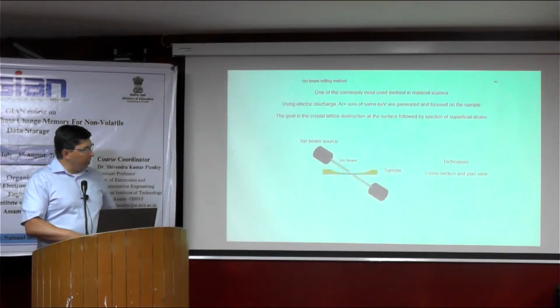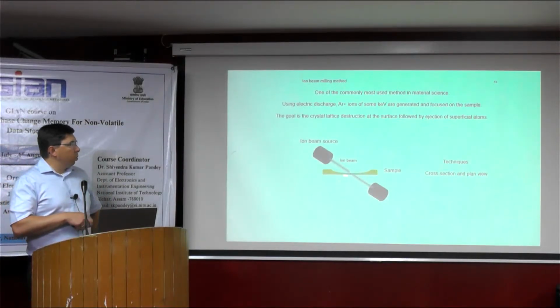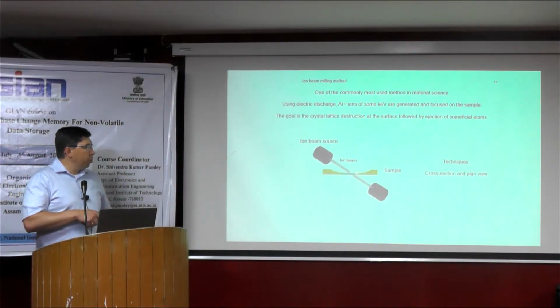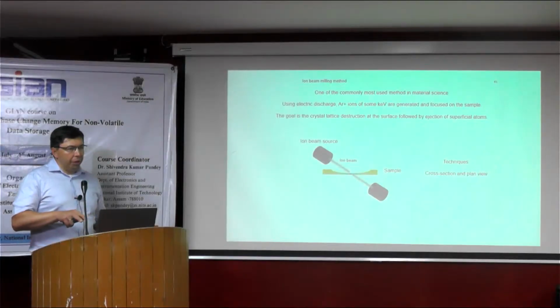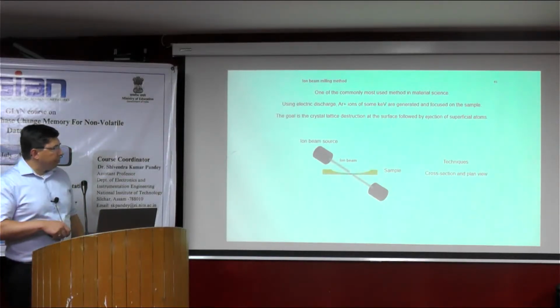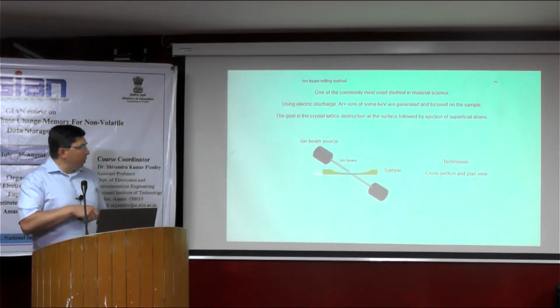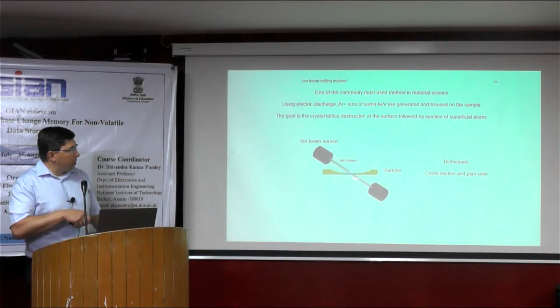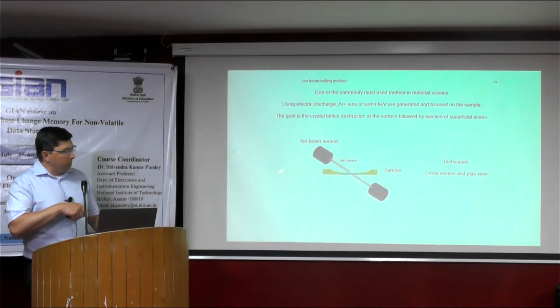After dimpling, your specimen looks like this. You have reduced thickness, like a wheel, and to stabilize the overall system the edges are thicker than the inside. Then, using an ion beam from both sides or from one side, you remove the material from the top and from the bottom.